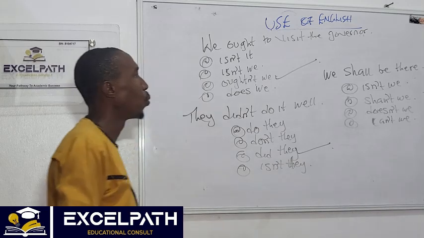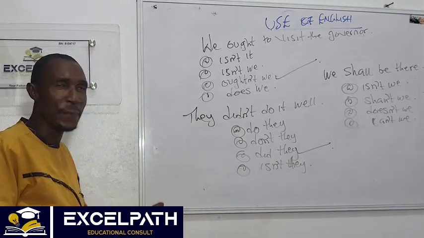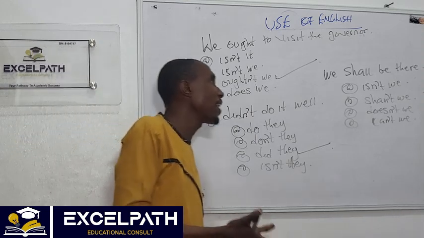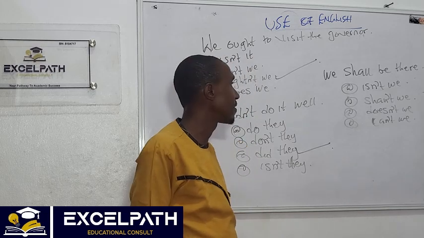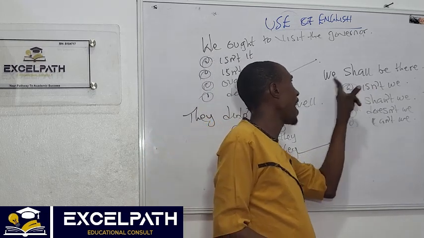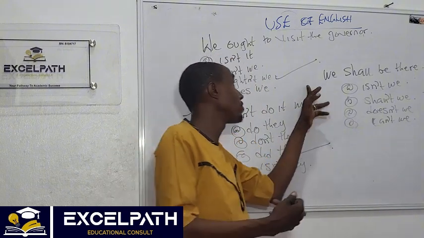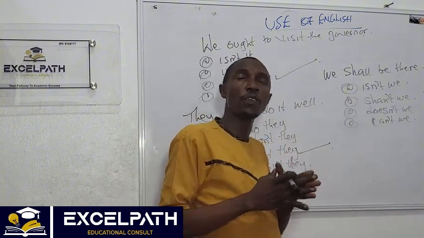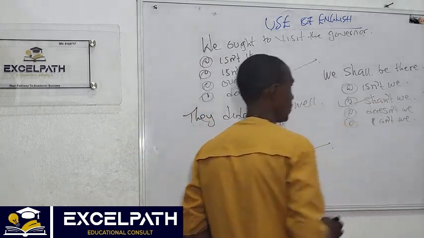Now look up. We shall be there. The auxiliary verb is what? Shall. You can't change it. So the statement here is positive, your answer must be negative. So it becomes shall not. And the short form of shall not is what? Shan't. And the correct answer is B.